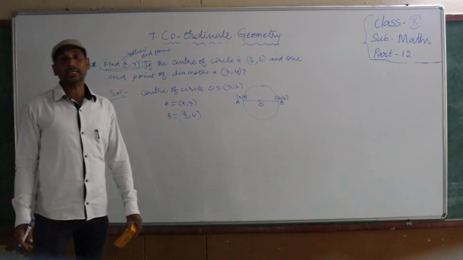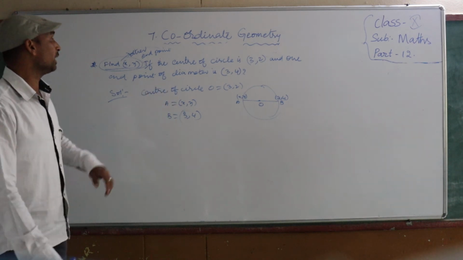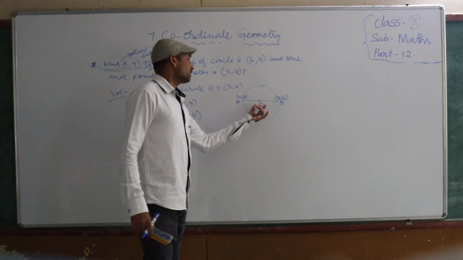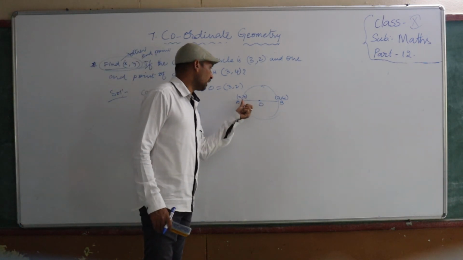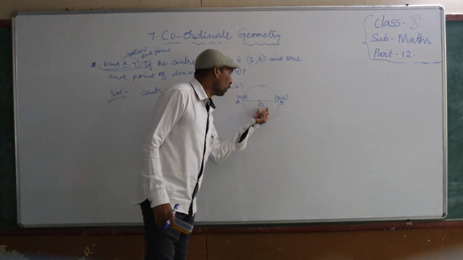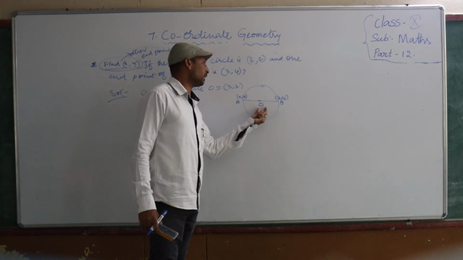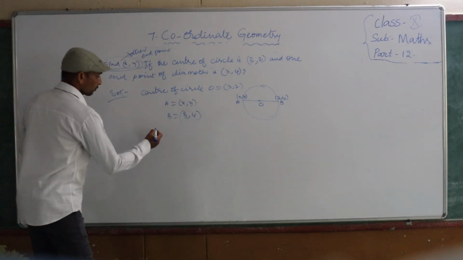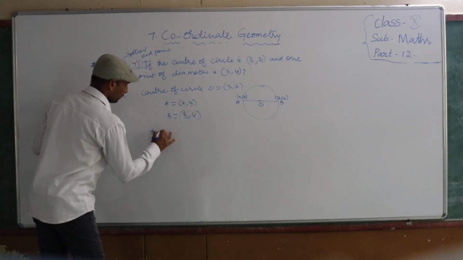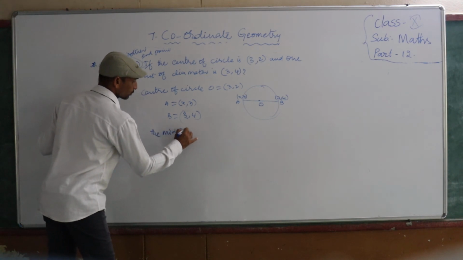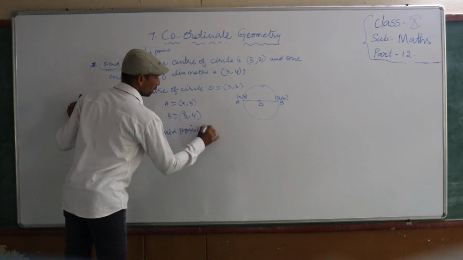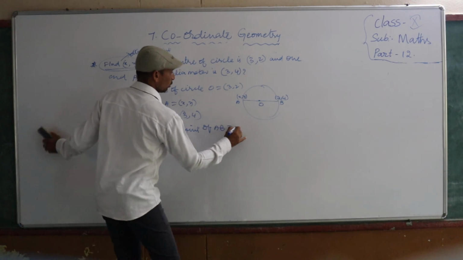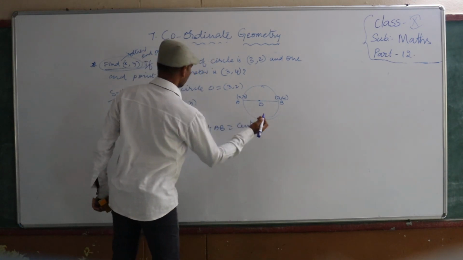Then what is the condition of the diameter including the center, children? We know that exactly the midpoint is called the center of the diameter. So here, right, the midpoint of AB is equal to the center.